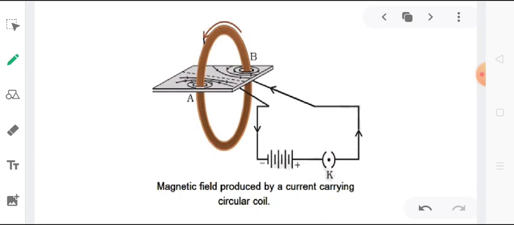The more the number of turns of copper wire, the stronger the field. Now, when the setup is made like this, we observe that the magnetic field created around this loop is somewhat like the pattern you can see on the cardboard. When iron filings are spread on the cardboard and current starts flowing through this circular loop, the iron filings arrange themselves in that pattern.